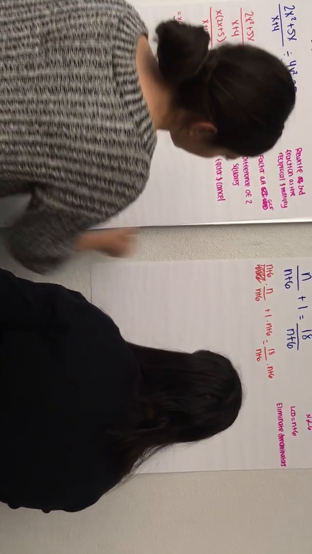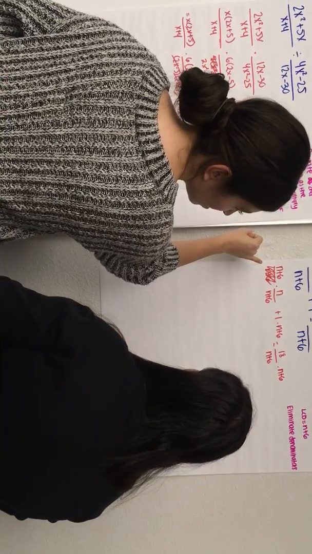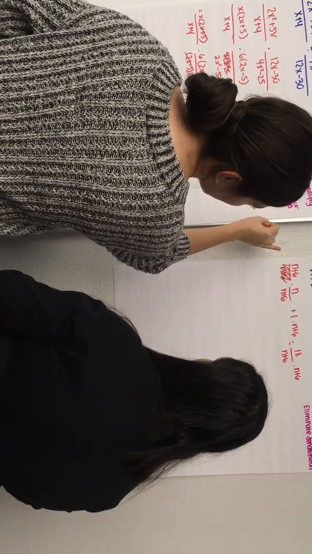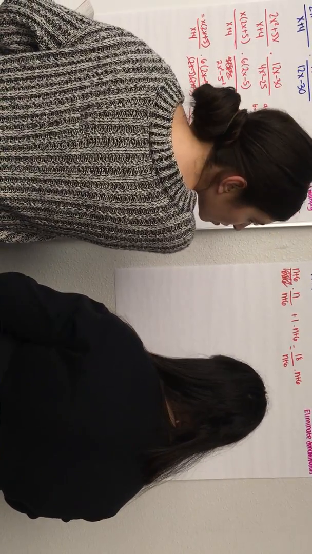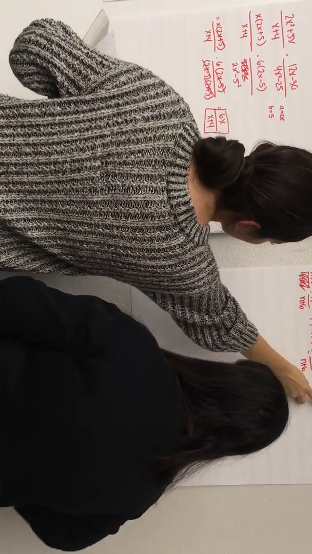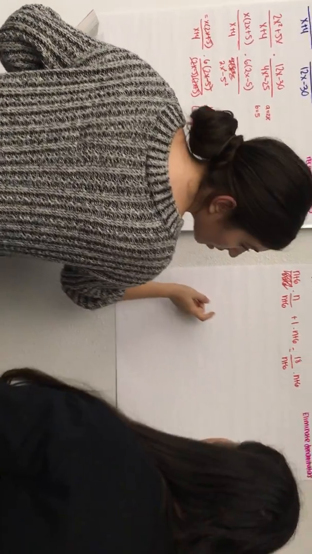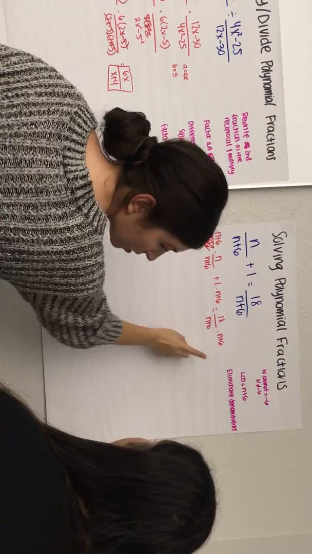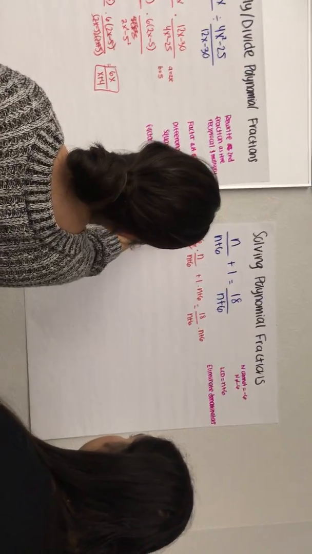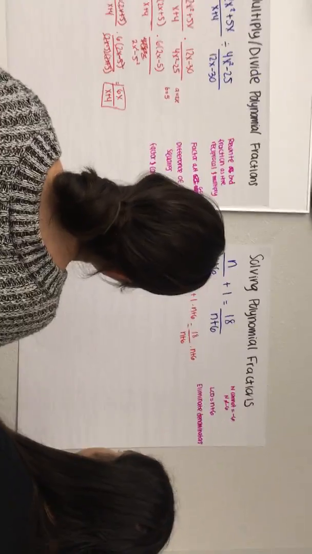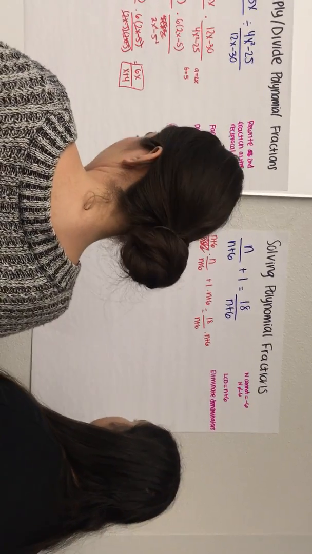And what's the reason why it doesn't have it like this? What was our goal again? It's to put it over 1. We need to keep the same denominator. We don't want to change it. No, well, this is our goal. Eliminate, remember? So we want only one of them so we can do that. Okay. So what's our next step?